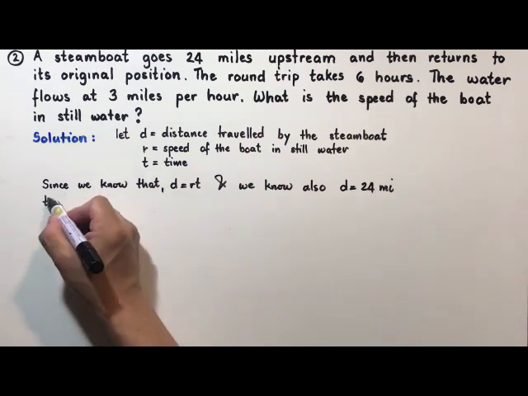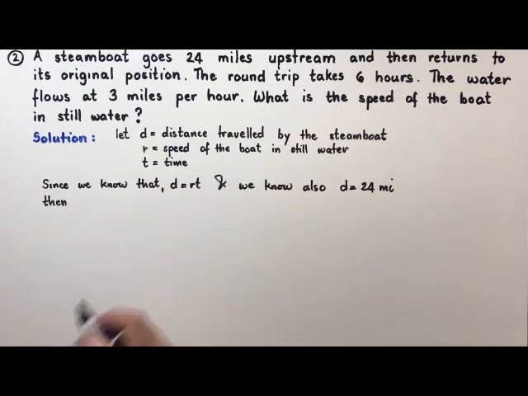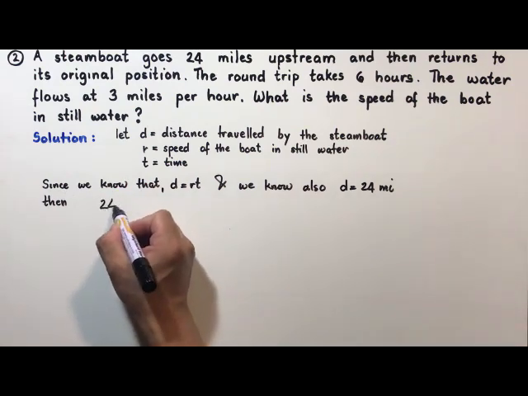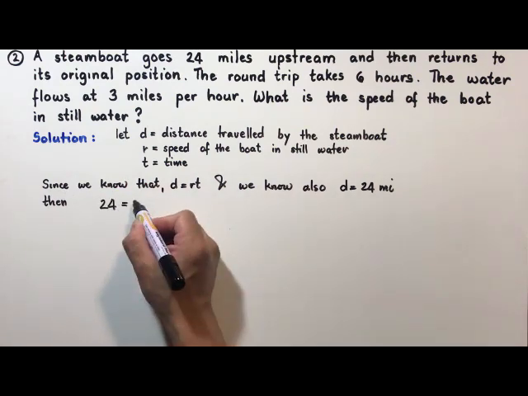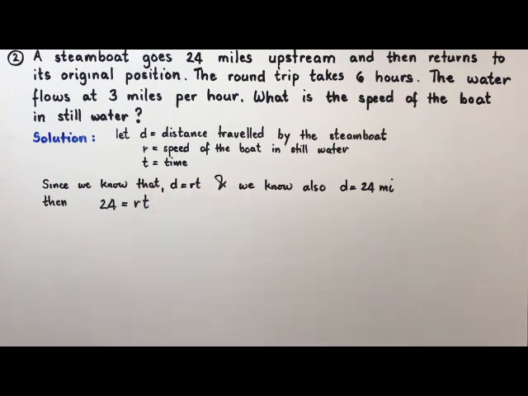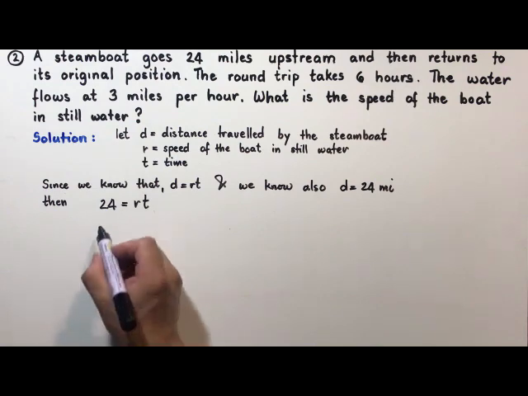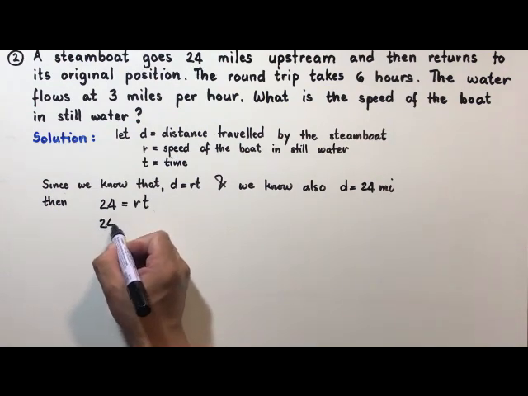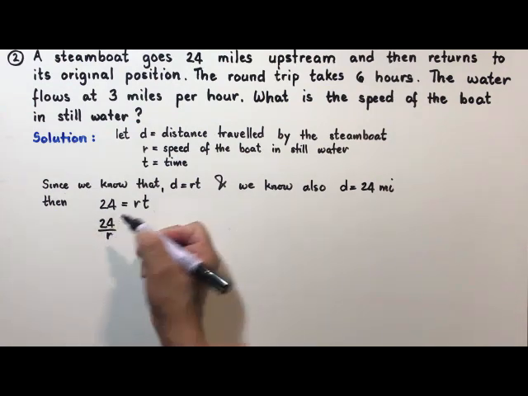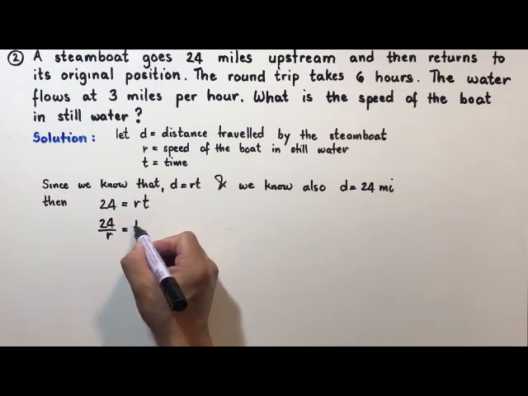Then we say that 24 is equal to rate times time, because the distance traveled is 24 miles by the steamboat. So if you divide both sides by the rate of the speed of the boat in still water, that is r, 24 divided by r is equal to t.